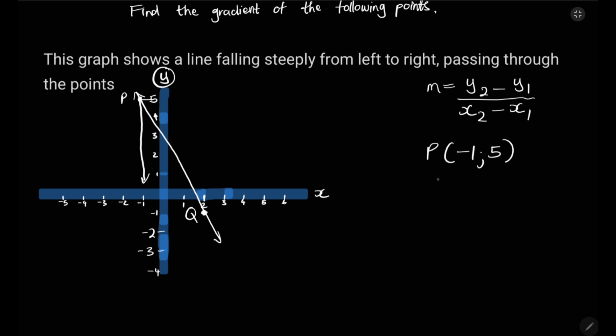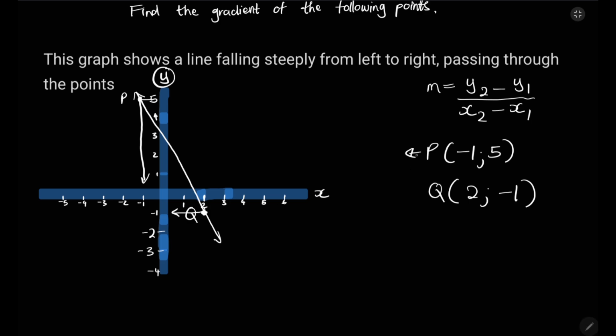Now let's look at the point Q. For Q here, we see that we have 2, which is your x value, and we have negative 1 there, and that is your y. So our coordinates are P, negative 1 and 5, and Q, we have 2 and negative 1. Now let's label our coordinates.